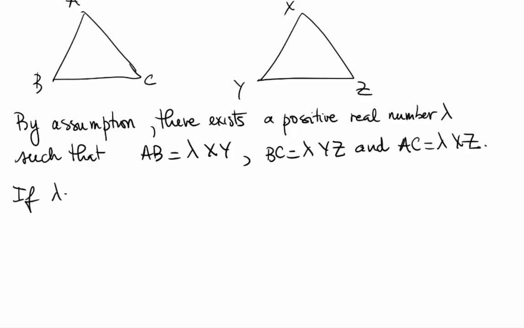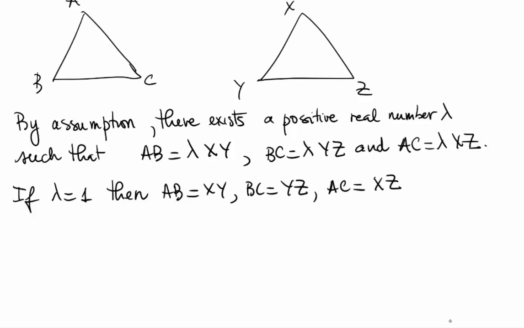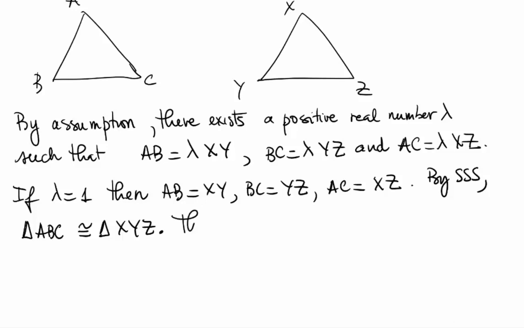If lambda is equal to 1, then AB must be equal to XY, BC must be equal to YZ, and AC will be equal to XZ. And by SSS, we can conclude that triangle ABC is congruent to triangle XYZ. As such, since they are congruent, they are similar.